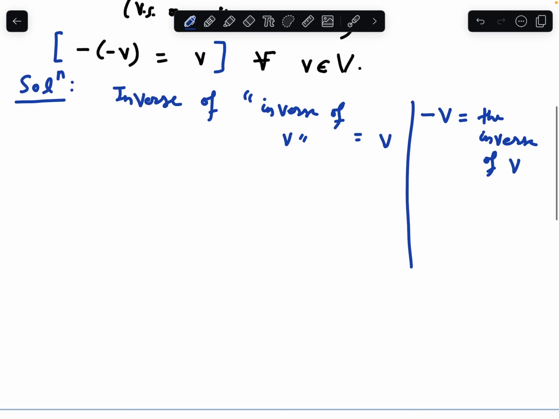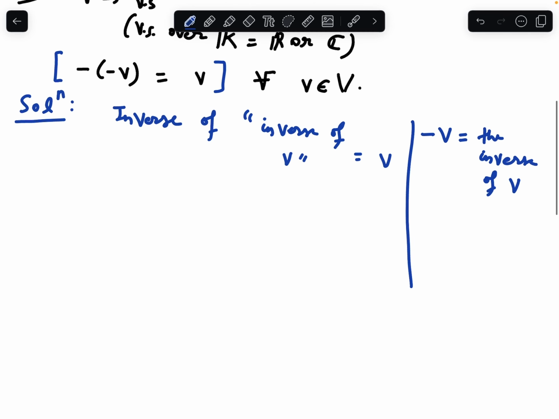Now, how to prove this? What we can do is we can see what this gives. Now we know that minus V is nothing but minus 1 dot V. We did this exercise in the last video.